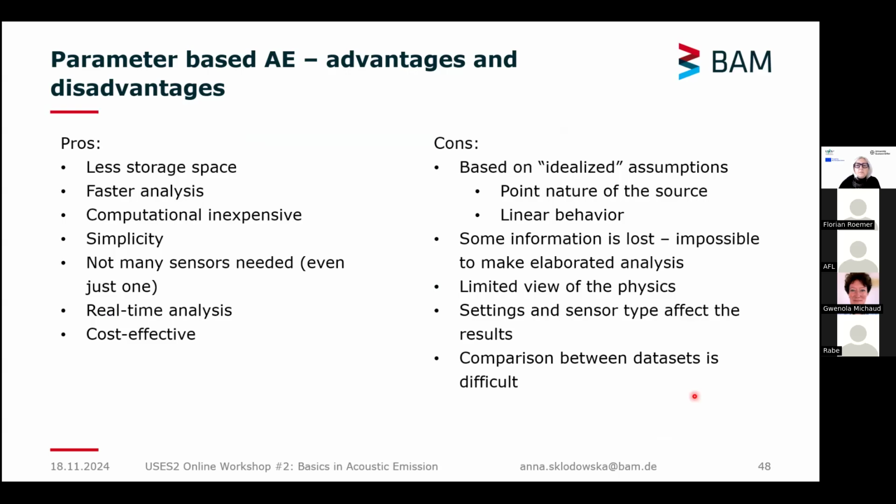And what is very important is that settings and sensor type affect the results. For example, if we define threshold crossing slightly differently, we have much different results for counts, the number of hits, and so on. Therefore, the comparison between data sets is relatively difficult.